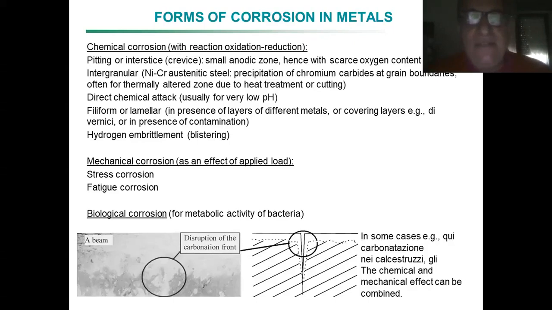Then you can have other types of corrosion, like filiform or lamellar corrosion, which is typical of tin cans. That's the most normal case. Tin was made into alloys with iron, usually to contain food, canned food.